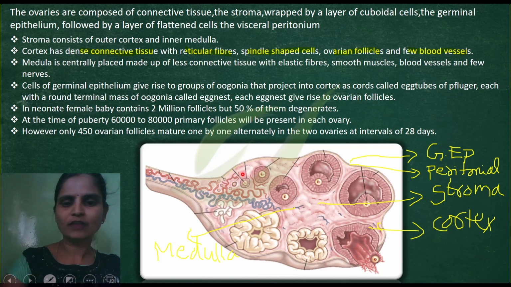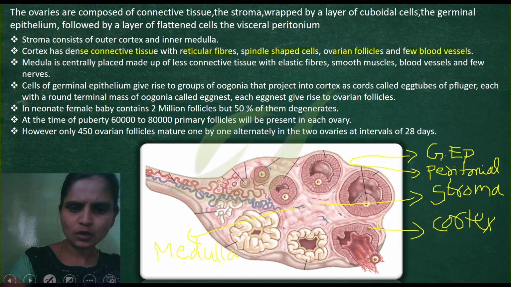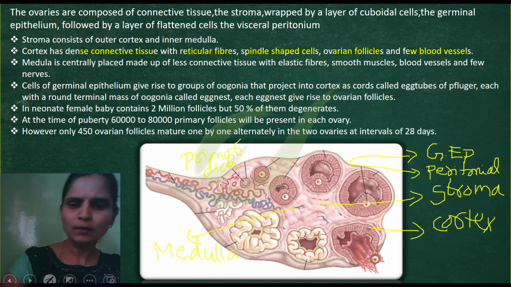So here we can find small follicles present. These follicles are called primordial follicles. Primordial follicles are present, and these follicles will develop further in order to form primary follicles.